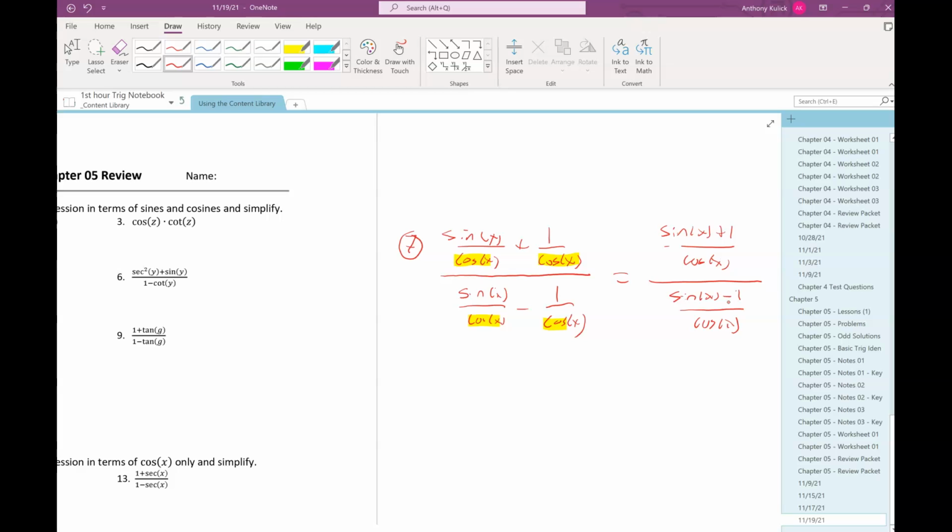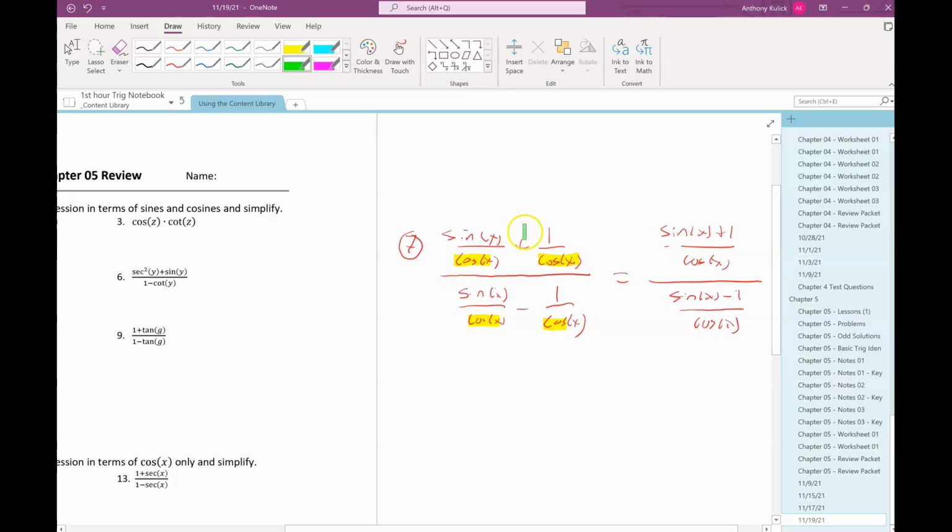Which ones do you cancel out? I want to answer your question, I'm just not sure what you're asking. Like sine over cos and sine over cos, can you cancel those two out?